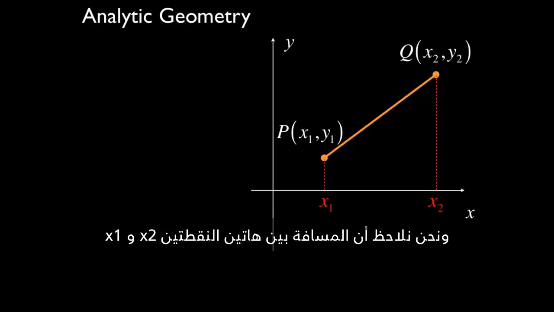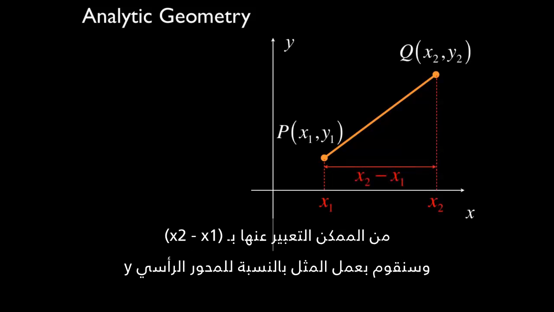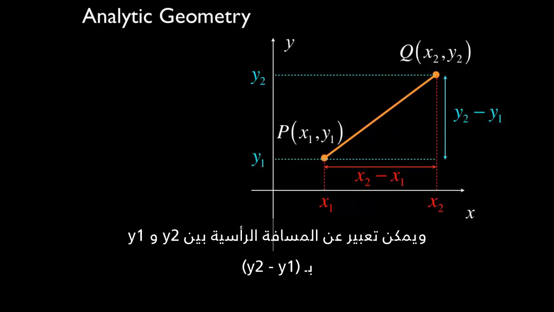And we recognize that the horizontal distance between these 2 points can be expressed as x2 subtract x1. We now do the same thing for the y-coordinate, recognizing that point P has a y-coordinate of y1 and point Q has a y-coordinate of y2, and the vertical distance between those 2 points is y2 subtract y1.